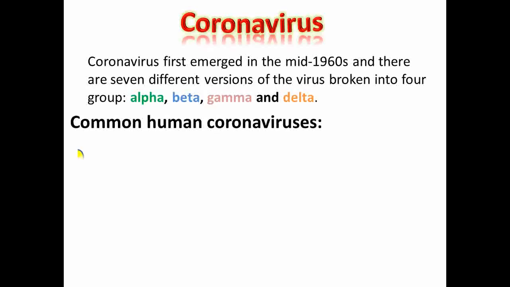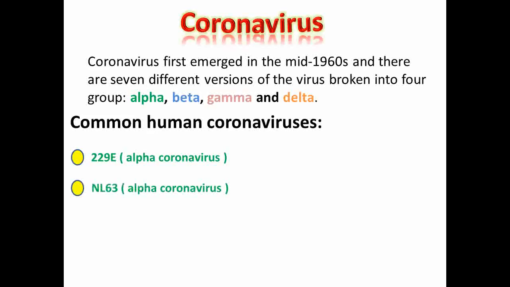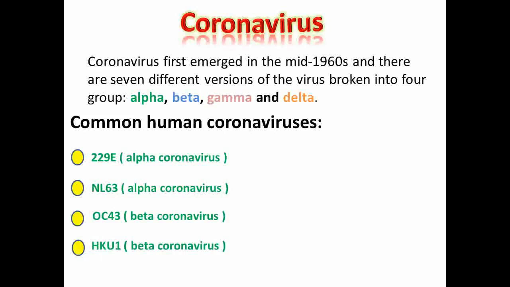There are many coronaviruses that attack the human body, like 229E alpha coronavirus, also NL63 alpha coronavirus, also there is OC43 beta coronavirus, and HKU1 beta coronavirus.